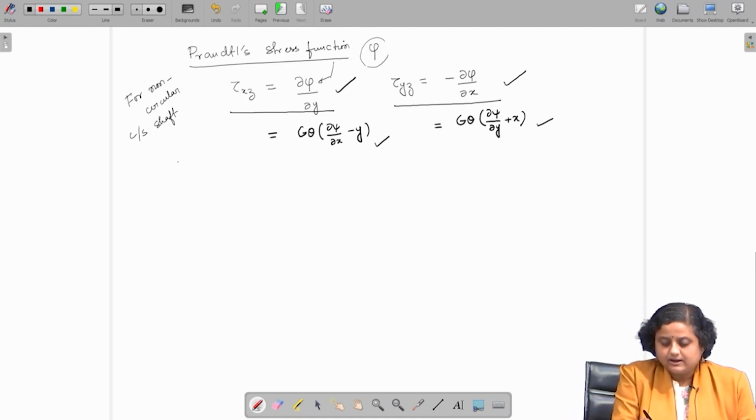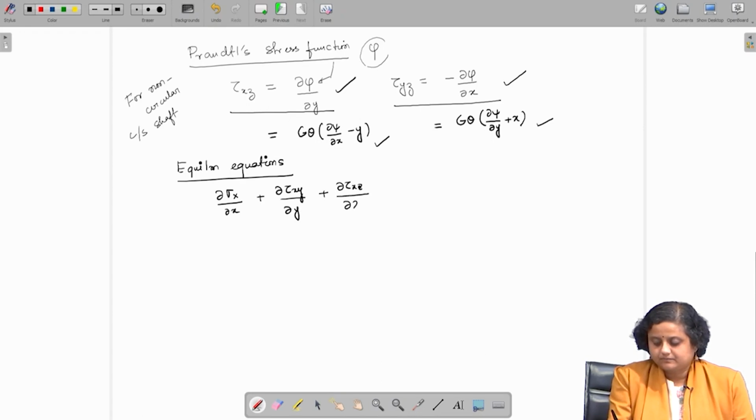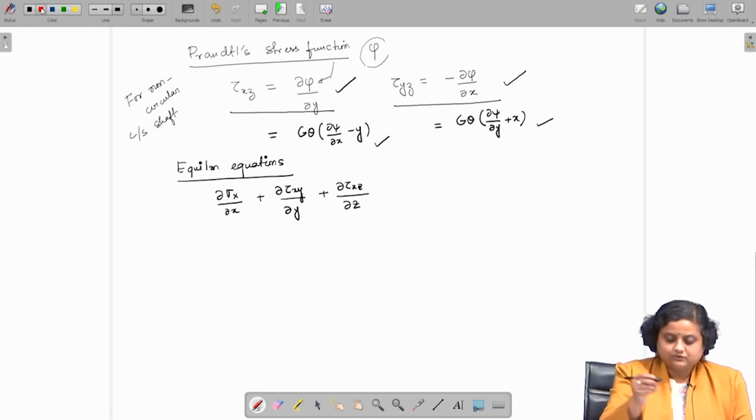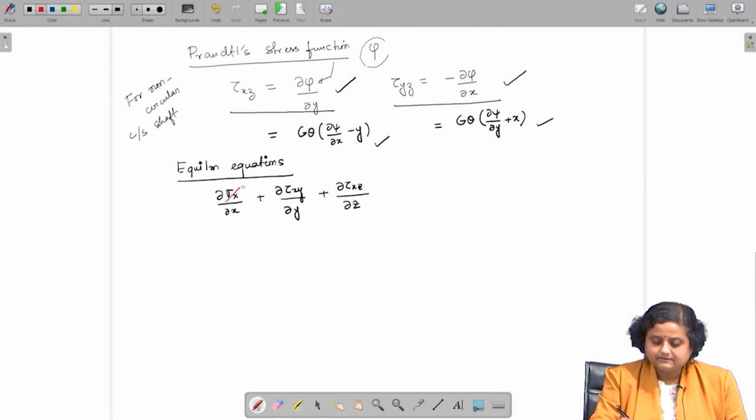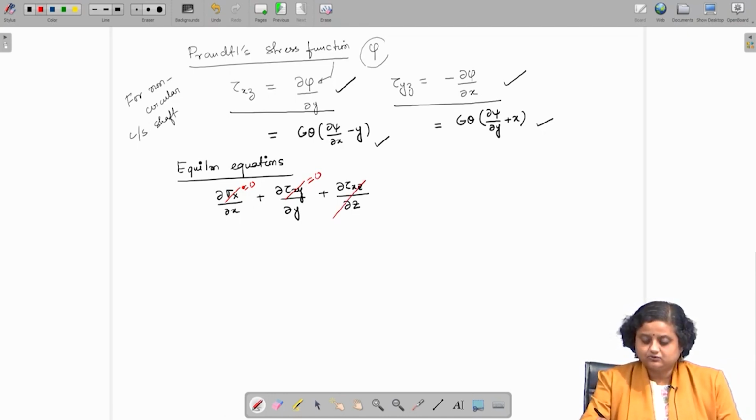So, let me write down the equilibrium equations. The first one is this, and now let us see what happens to it. Sigma x is equal to 0, tau xy is equal to 0, and tau xz is not a function of z, so this derivative goes to 0.